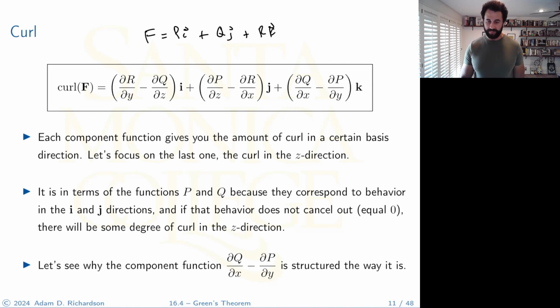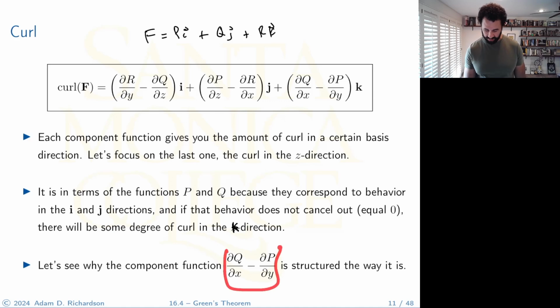Basically, if the change in their behavior with respect to x and y doesn't cancel out, if this coefficient is not equal to 0, then there's going to be some degree of curl in the z direction, or I should say the k direction. So just to restate, if this is not 0, then you're going to have some amount of curl in the k direction, or the z direction.